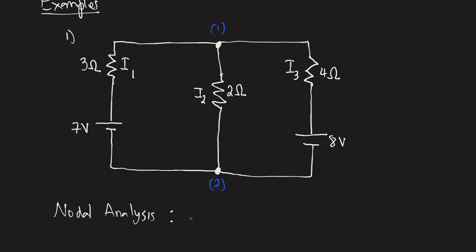So at node 1, what's flowing in, what's flowing out? Well, we don't really see, there are no arrows here. Now, sometimes arrows are drawn, but what helps is that idea that your current is going to flow from the positive terminal to the negative.